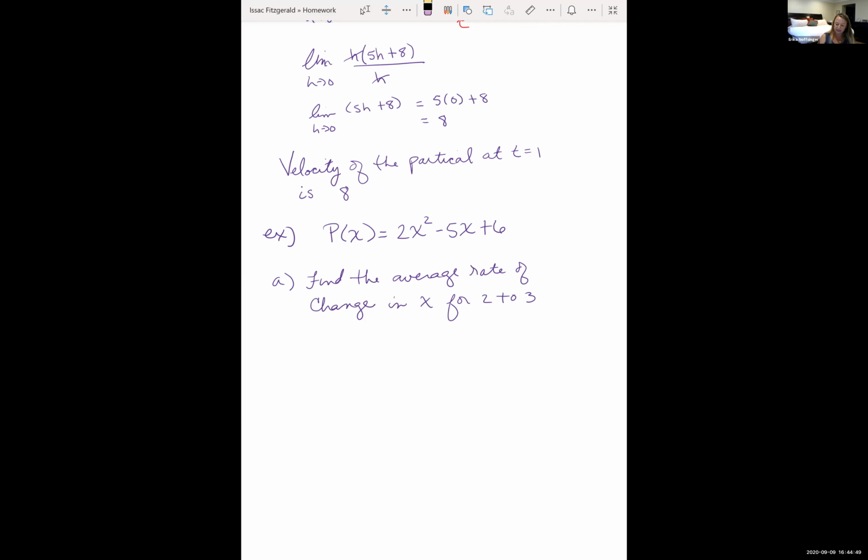Basically we need to find those 2 points. We have our function P of x, so we need to figure out what is P of 2 and what is P of 3.